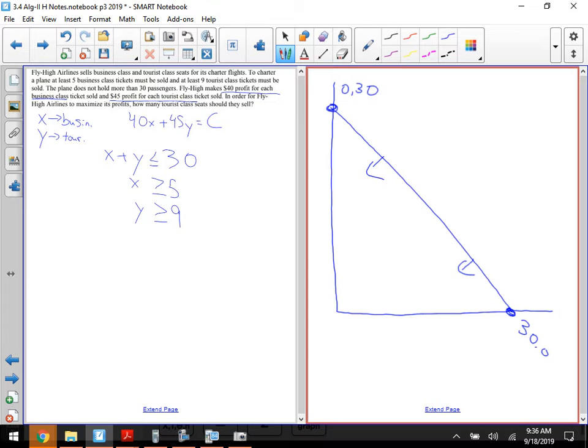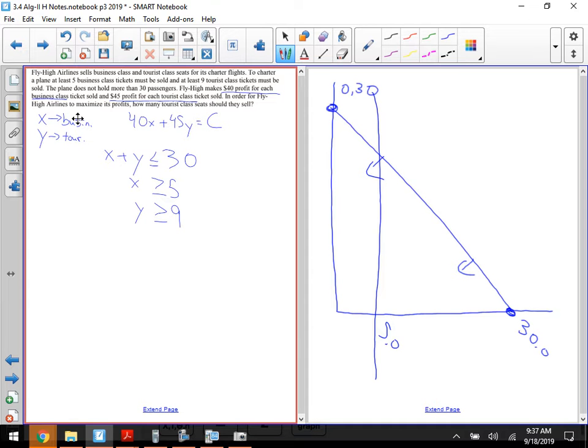then it's a matter of looking at your other constraint points. Well, I have an x value that has to be greater than or equal to 5. So I have to kind of scale that to figure it out. Well, 30's here, 15's there, maybe 5's here then. That value of 5 remains constant because it's vertical.